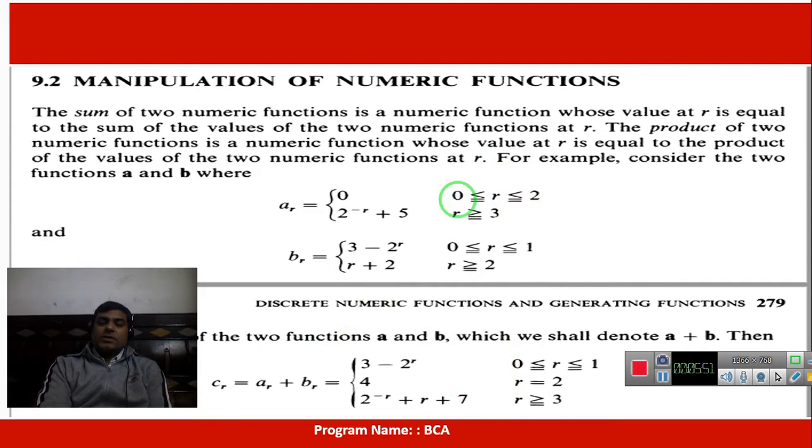This is a numeric function, so it will work only on the numeric values 0, 1 and 2. So r lies between 0 and 2, r greater than 3, and if r lies between 0 and 1 and r greater or equal to 2, we can break in this way.